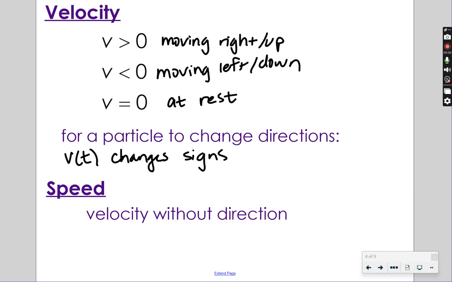So if I don't care about the sign, I could just take the absolute value of it. So absolute value of velocity tells me the speed. In the problem, it's going to say how fast. So if you see the words how fast, your answer needs to be positive.